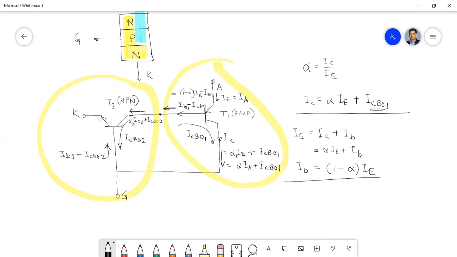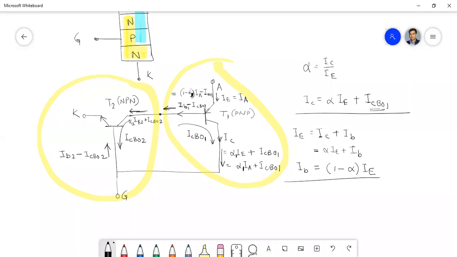We should distinguish between this alpha, because two transistors are different, so therefore gain also will be different. So here we should write alpha 1, and here we should write alpha 2. So alpha 2 IE2, isn't it, plus ICBO2.